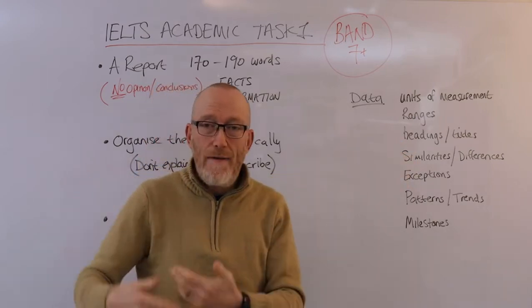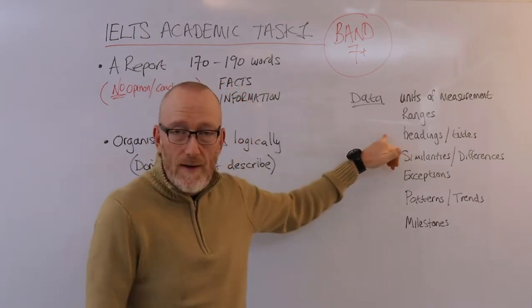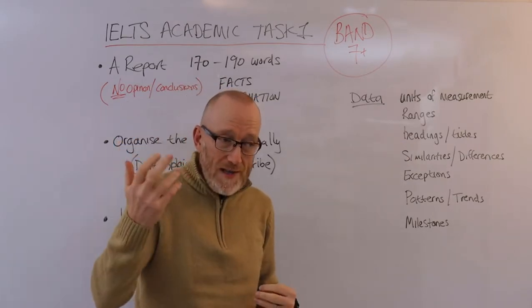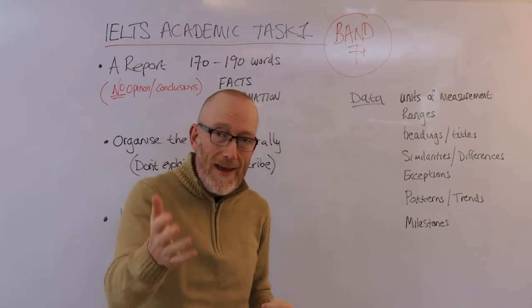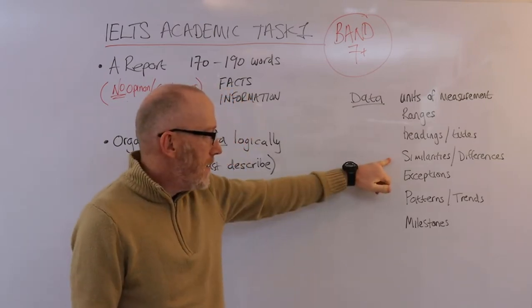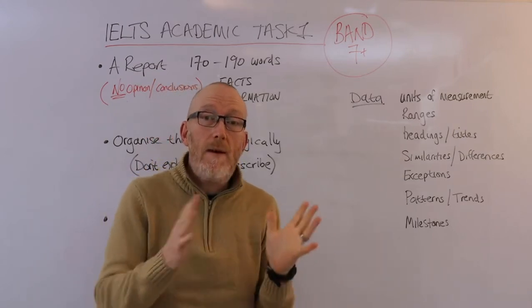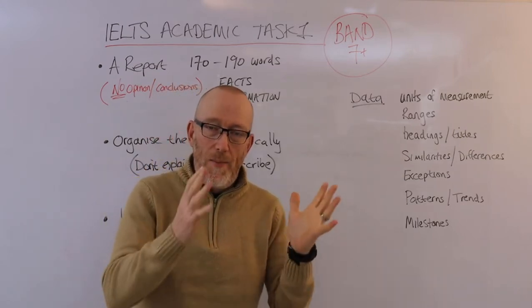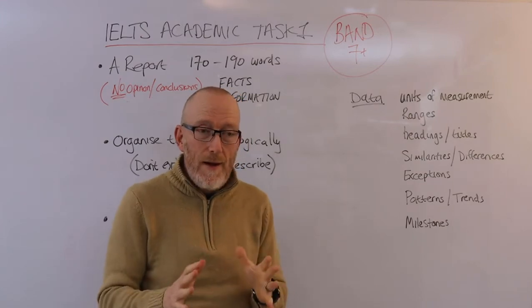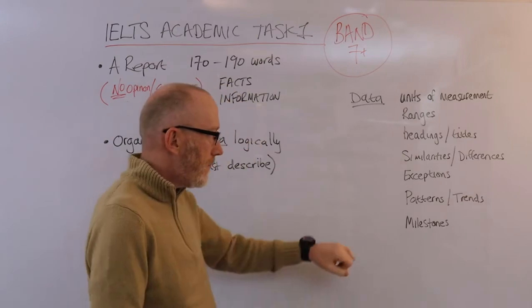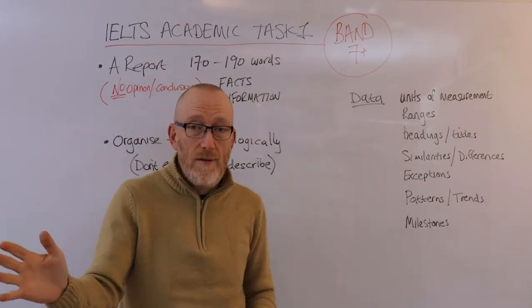Each chart, graph, map, flowchart will have headings and titles. Those are not necessarily key pieces of data, but they could be important. Similarities and differences. Anything that is similar could be a key piece of data. Anything that is very different, again, could be a key piece of data. Exceptions.